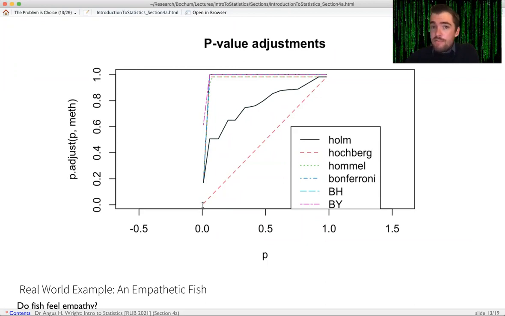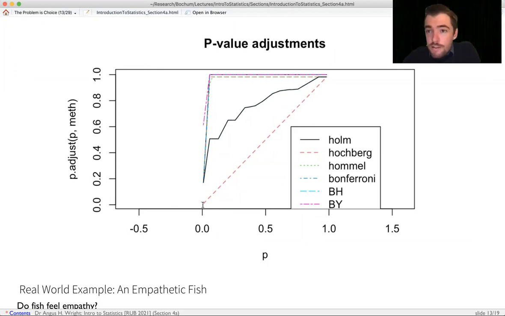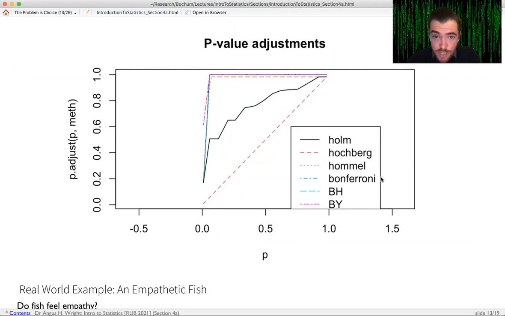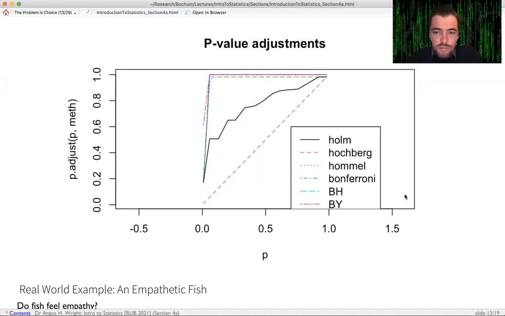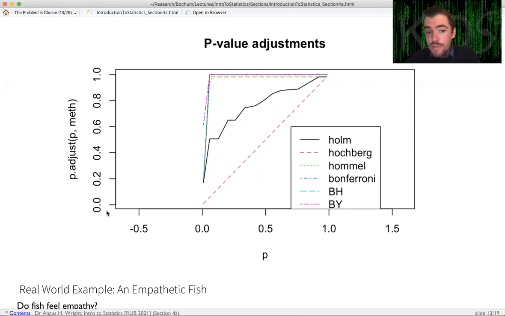That's what I found, my variable 17. And I said, that's significant, I'm going to publish. But if I account for the fact that I have 20 variables using a whole host of different possible ways of correcting them, which are named after these people, the Bonferroni is this one here, the blue dash, then what you can see is that if I make those corrections, all of a sudden there is no observation that is less than 0.05. And so none of my observations are significant anymore.